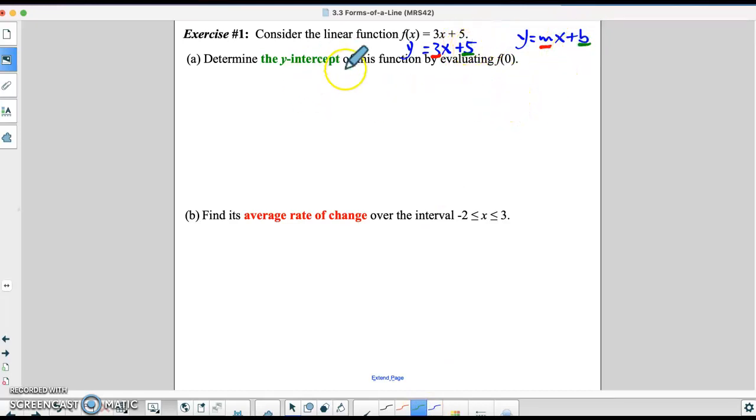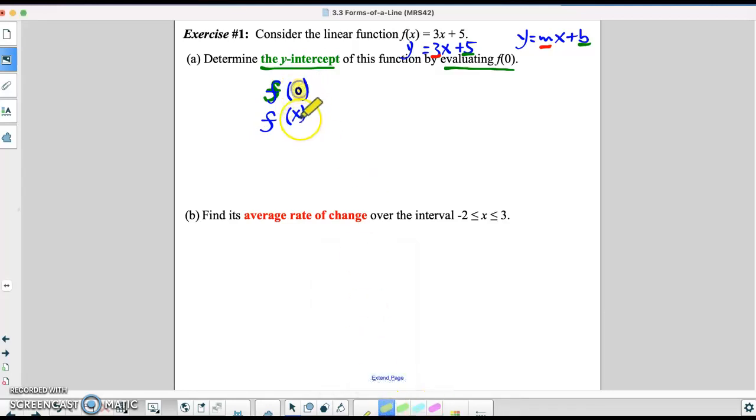Now let's verify. If we do not remember this number is our y-intercept, how can we find out the y-intercept? Let's find it by evaluating f of 0. When we have f of 0, that means x equals 0.